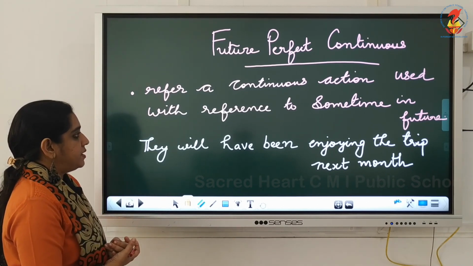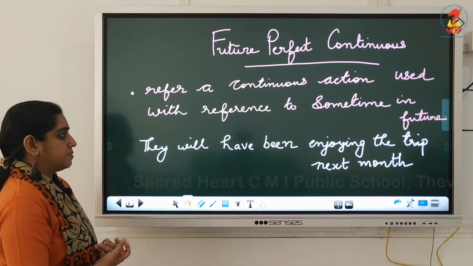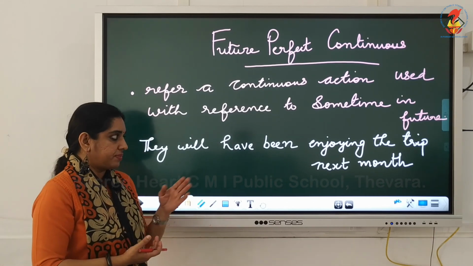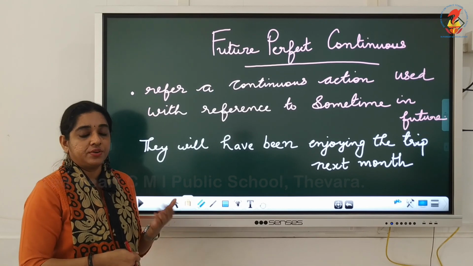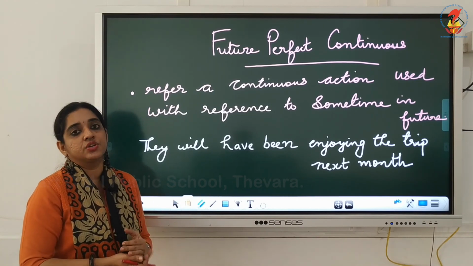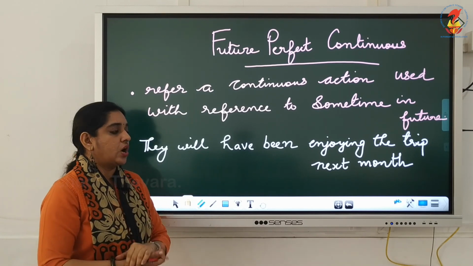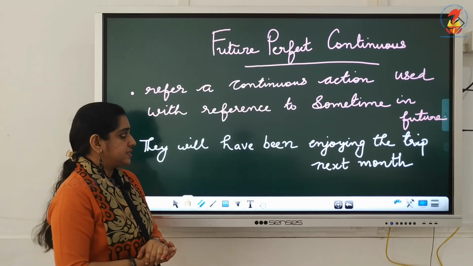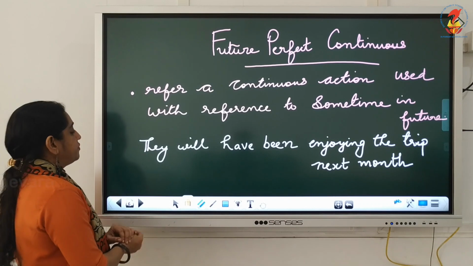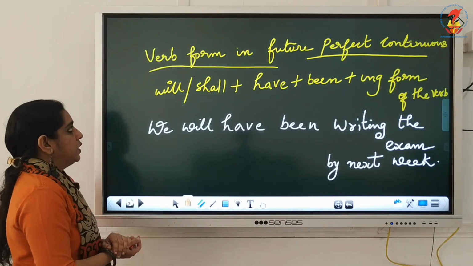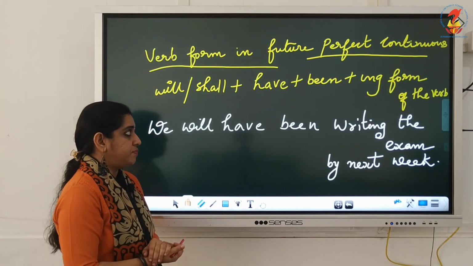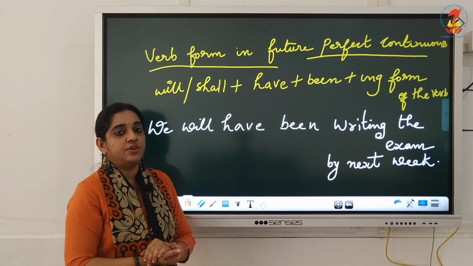They will have been enjoying the trip next month. So, something which is going to happen, we refer to that in the future, that is future perfect continuous. So, let us see what is the verb form of future perfect continuous. Will or shall plus have plus been plus ing form of the verb.